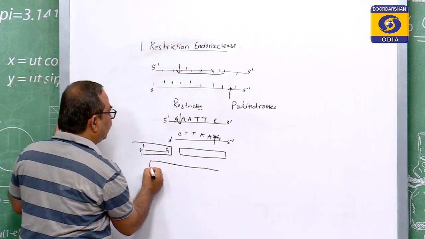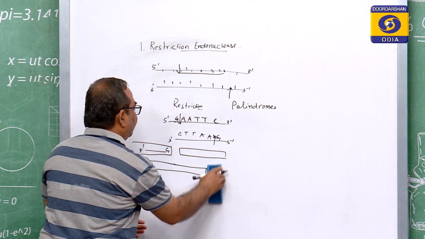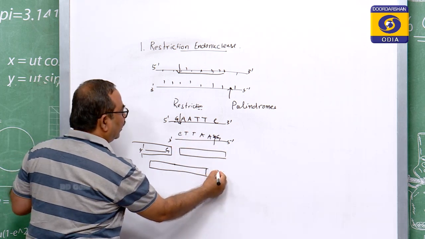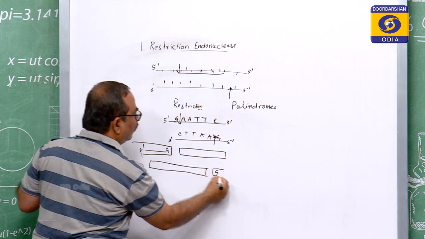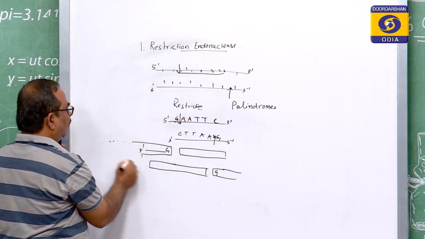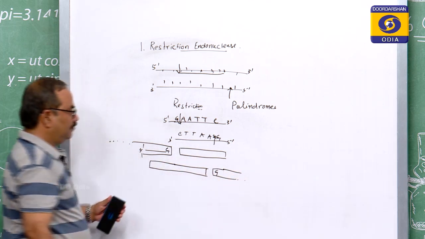This part is AATTC, and this is involving the GA. So, we have other nitrogen bases present on both the sides.